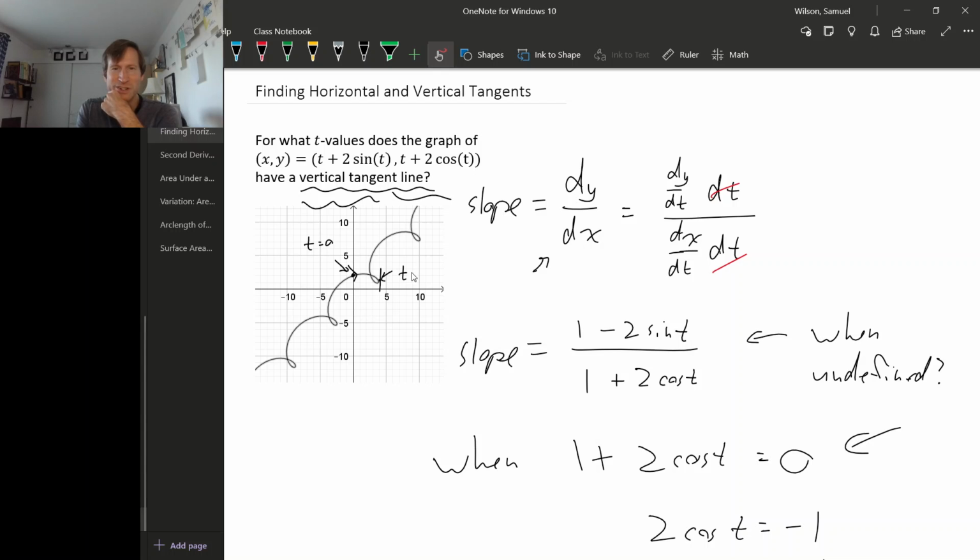So this is where t is 2 pi over 3. And then the first place in the negative t values where we have a vertical tangent is right there. So this must be t equals negative 2 pi over 3. And then if you add 2 pi, you get this one. And then add another 2 pi, you get that one. And then starting at this one, if you add 2 pi, you get that one. And then the next one up. And if you subtract 2 pi, you get this one down here. So you can see we've found all of the places where there's a vertical tangent line.